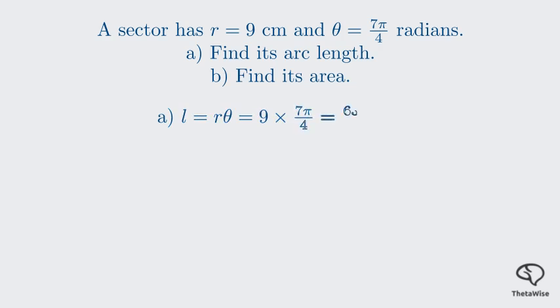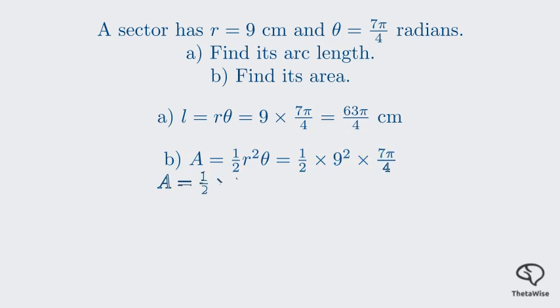This simplifies to 63π over 4 centimeters. We can leave this as an exact answer in terms of π. For the area, A equals 1/2 r squared θ, which is 1/2 times 9 squared, times 7π over 4. This becomes 1/2 of 81 times 7π over 4, which gives us 567π over 8 square centimeters.